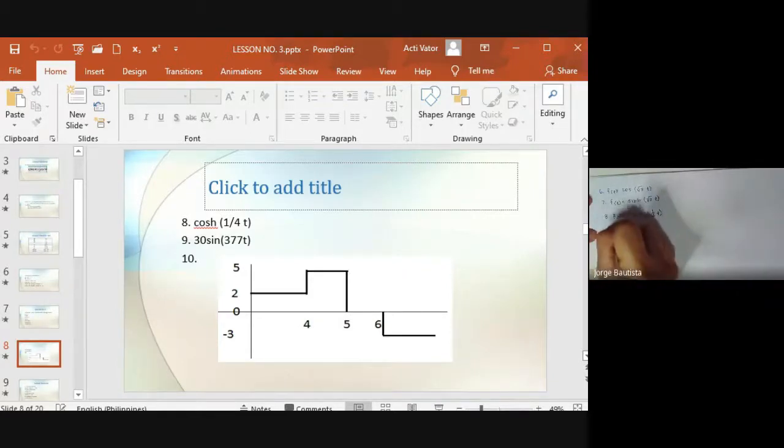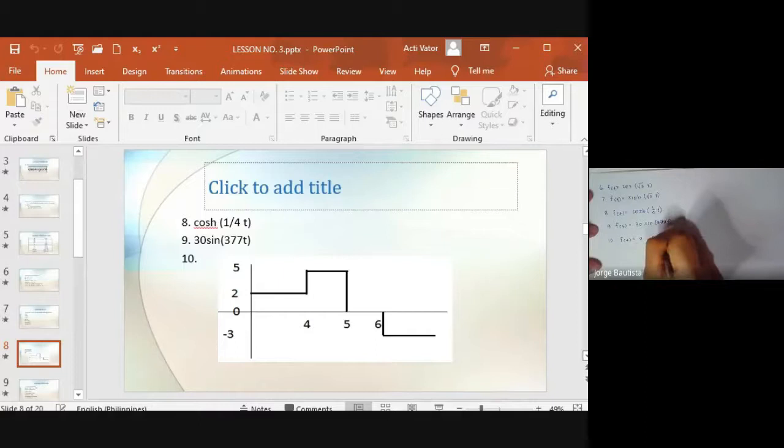Number 9, 30 sine 377t. And number 10. Okay, balikan natin yung number 10 mamaya. Sulat ko na lang yung number 10 in terms of equation. Ang height niya ay 2, meron siyang limit from 0 to 4.